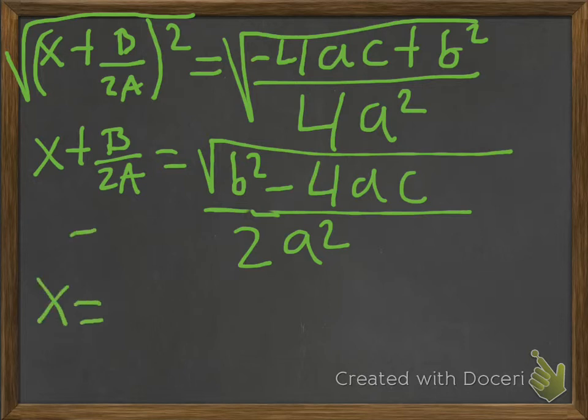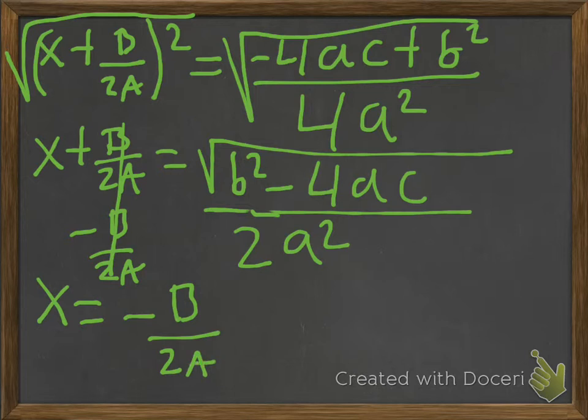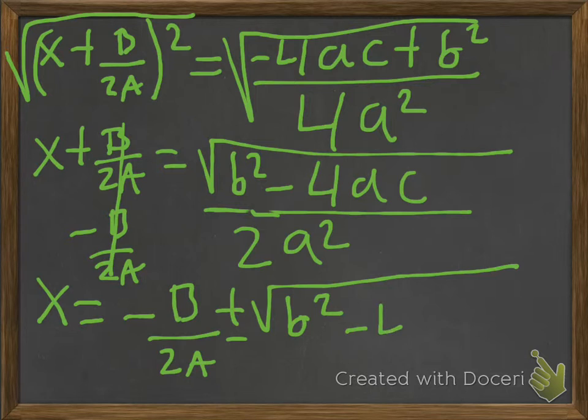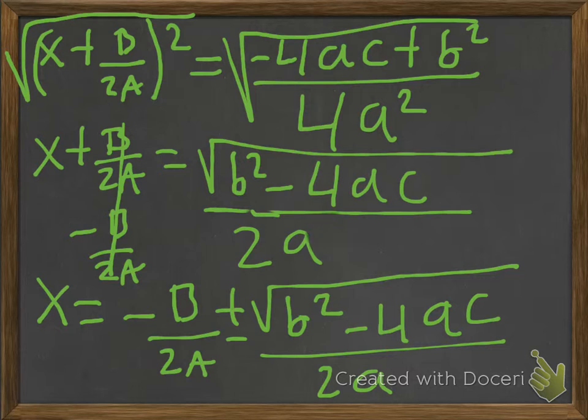And then what we do next, the final solution, is subtract b over 2a from both sides. That cancels out, and you get negative b over 2a, plus or minus the square root of b squared minus 4ac, over 2a. When you take the square root of 4a squared, it just becomes 2a.